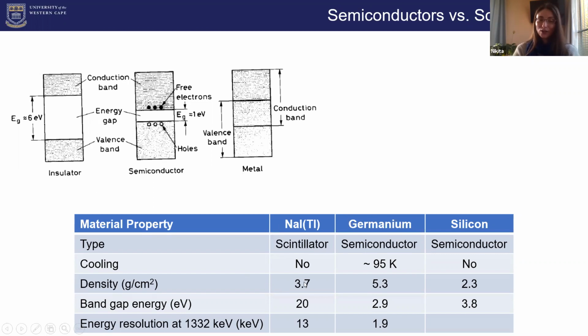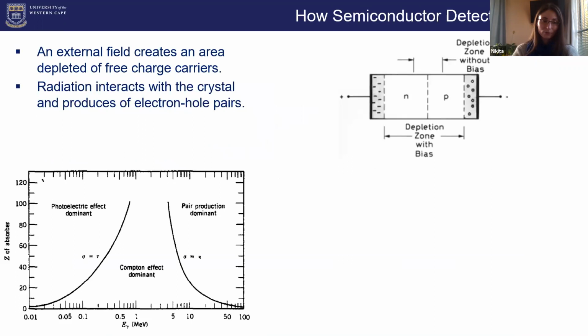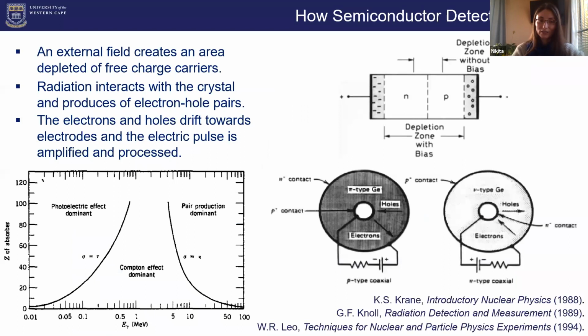The density, of course, is very important. It will affect how much radiation interacts with the crystal. Like we saw before, let me go back here. You see that the probability of interaction depends on the Z of the material, the proton number of the material.